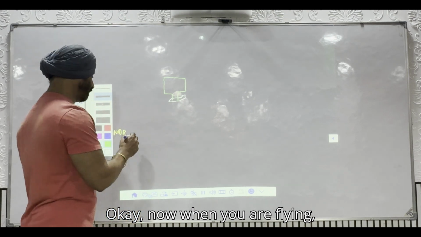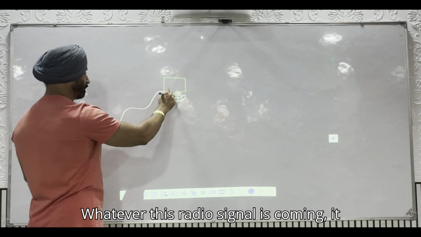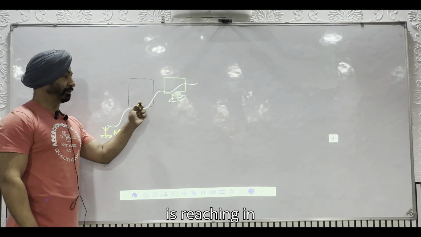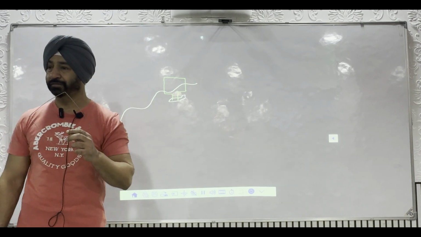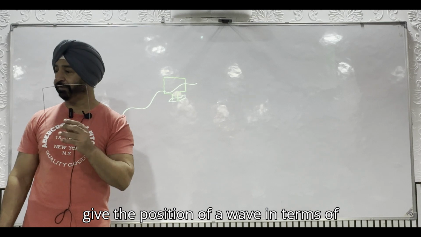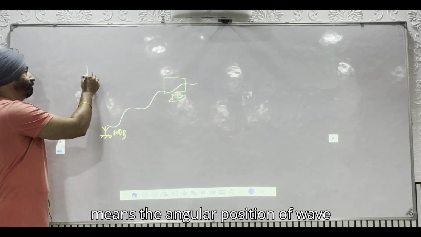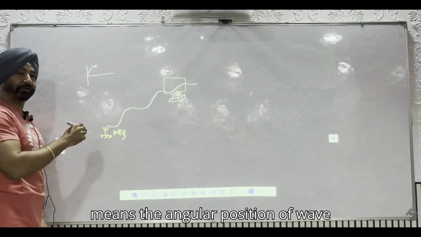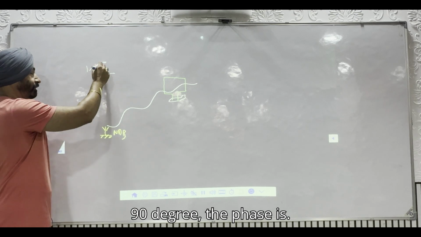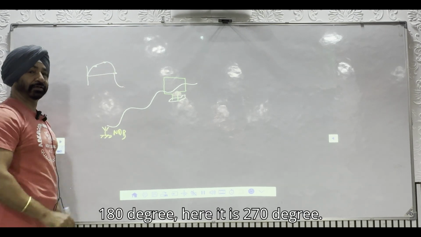Now when you are flying, whatever this radio signal is coming, it is reaching in different phase. Phase is when you give the position of a wave in terms of angle. When I say the wave is at 45 degrees, it means the angular position of the wave is at 45 degrees. Here this wave is at 90 degrees, here the phase is 180 degrees, here it is 270 degrees.